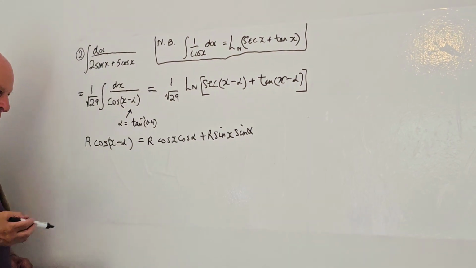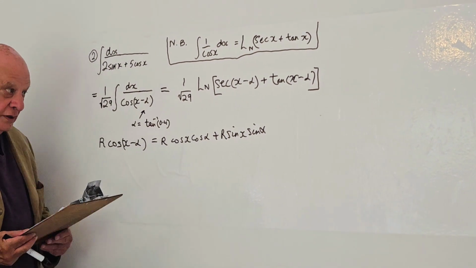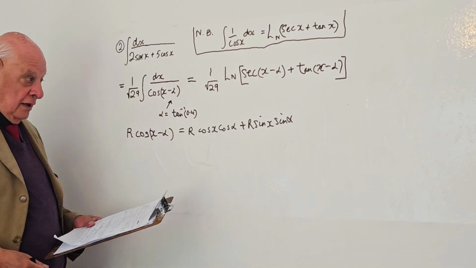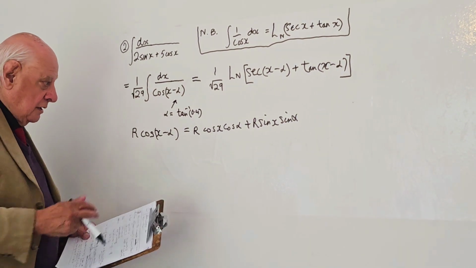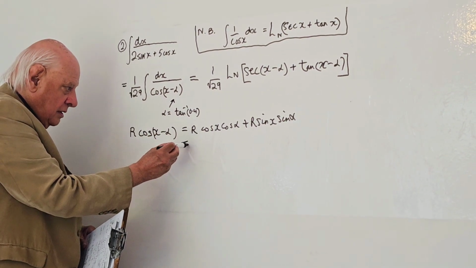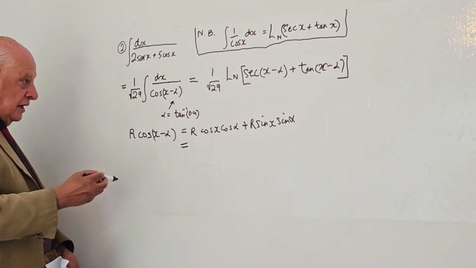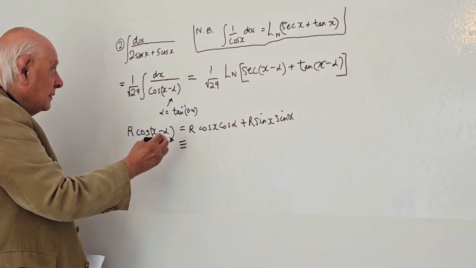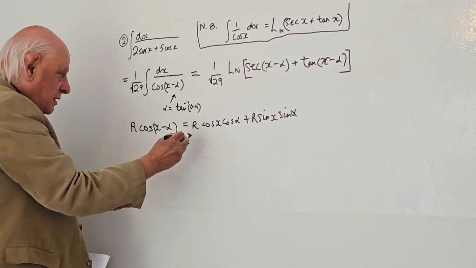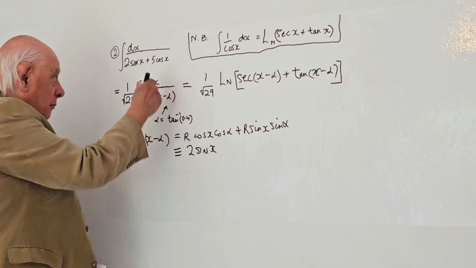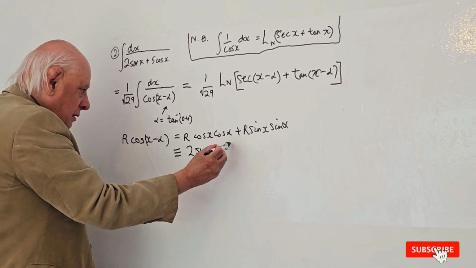This particular ruse de guerre is used in many other situations, so it might be worth bearing with me a little bit longer. And we want that to be identical to 2 sin x plus 5 cos x.